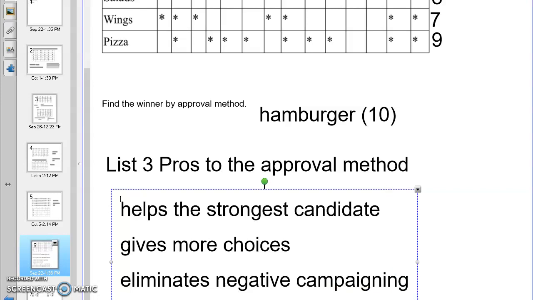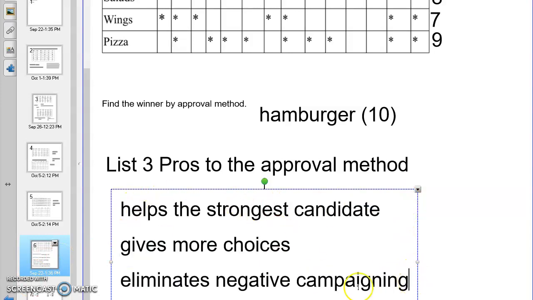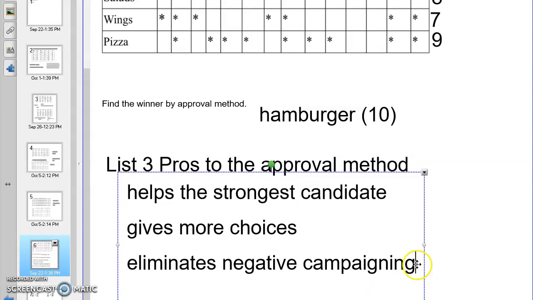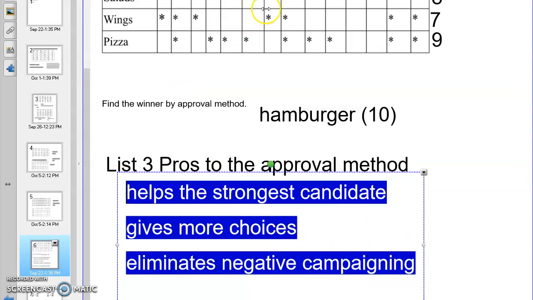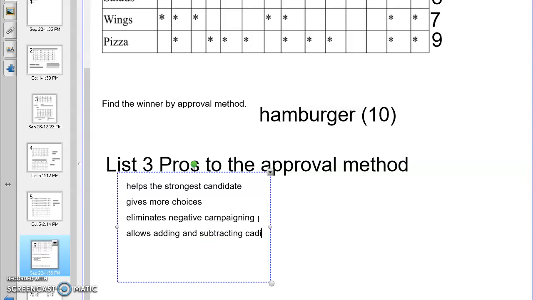And finally, the approval method allows adding and subtracting candidates without affecting the vote.